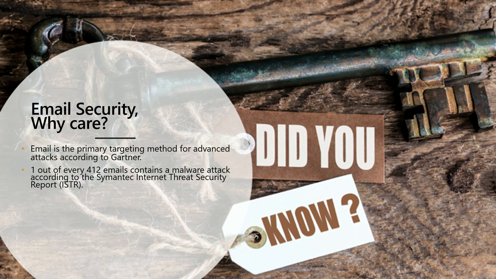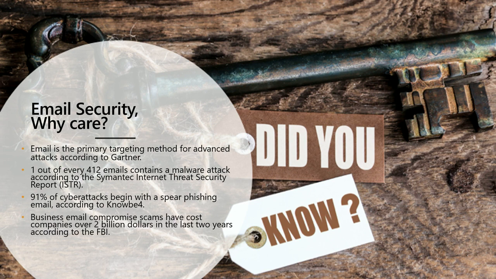That's a lot. 91% of cyber attacks begin with a spear phishing email. Business email compromise scams have cost companies over $2 billion in the last 2 years, according to the FBI. I don't know about your enterprises, and I certainly know about myself, we don't have that kind of money to be losing.